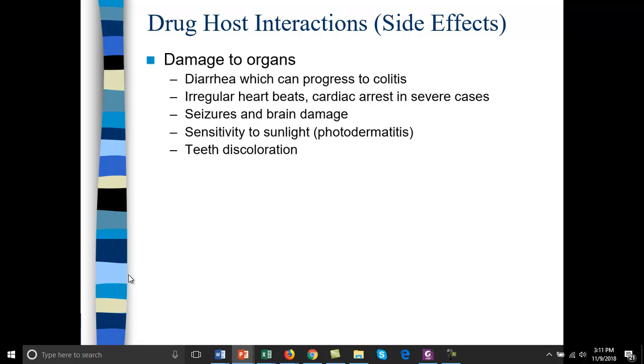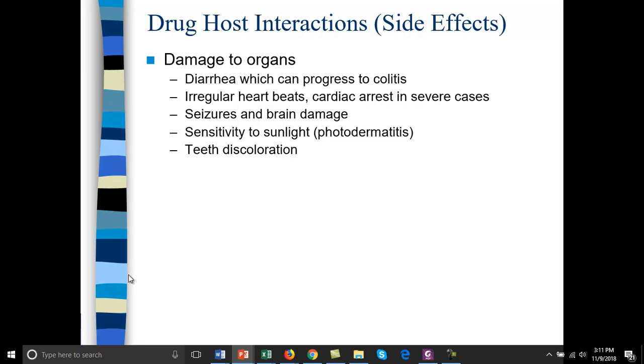Okay. Also, drugs can cause damage to organs, diarrhea, which can progress to colitis, arrhythmia or cardiac arrest in severe cases, seizures and brain damage. And despite what some medical professionals might say, seizures are always serious.